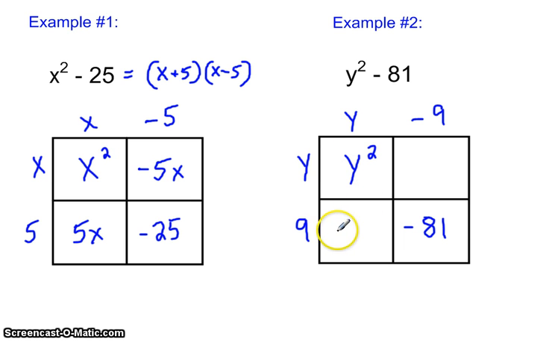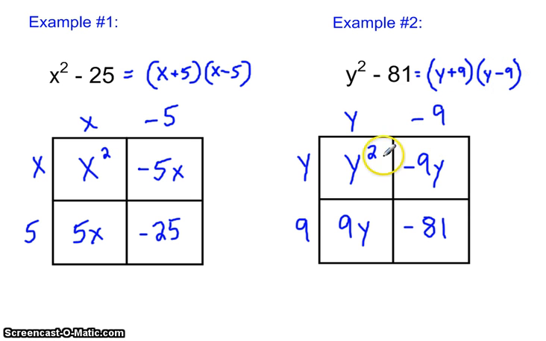We can check this out. 9 times y is 9y. Negative 9 times y is negative 9y. These cancel out to 0, so we're left with just y squared minus 81. So this is y plus 9, y minus 9. Trinomial in disguise, that's how we factor it.